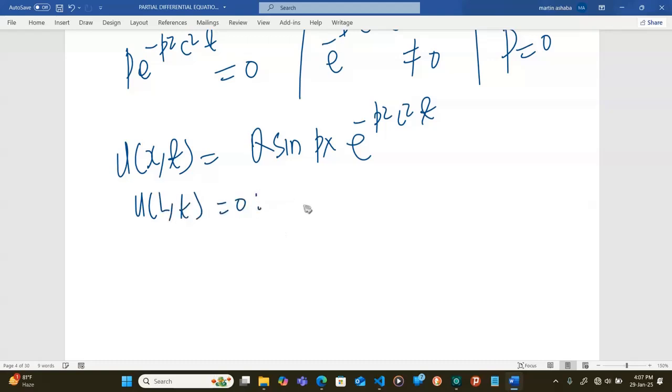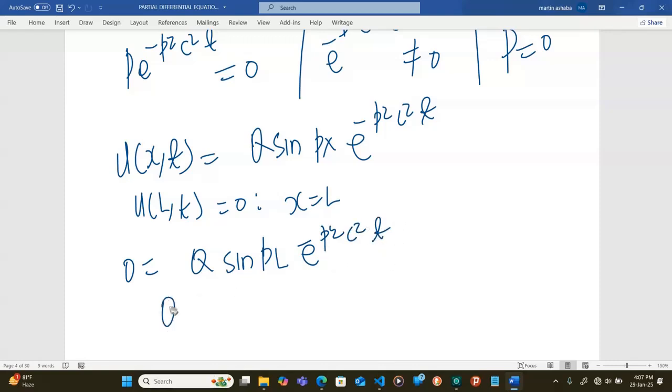So this means x is going to be L. So I have 0 is equal to 2 sine pL times exponential of negative p squared c squared t. We had earlier said these two cannot be 0, because if it becomes 0, we cease to have a solution. Then also we said exponential of negative p squared c squared t cannot equal 0.